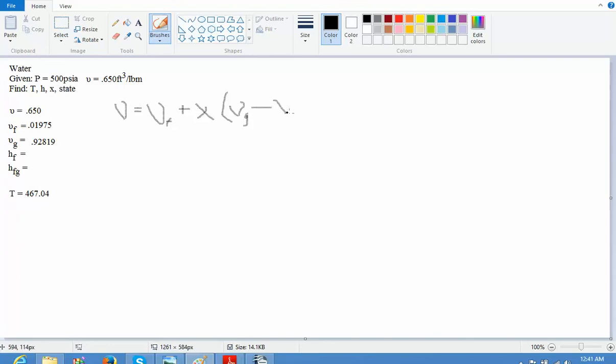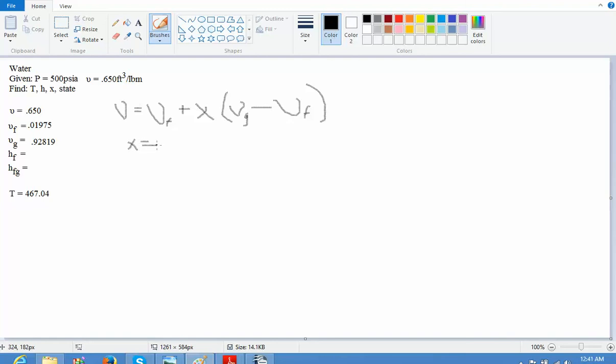Knowing this, we can just rearrange it and solve for x.